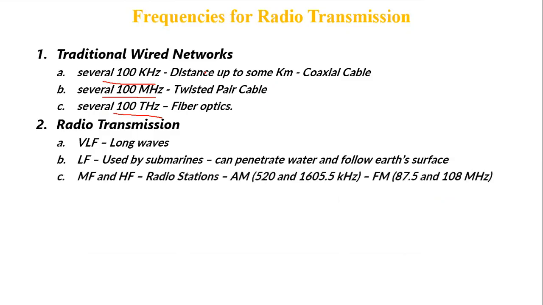Then medium frequencies and high frequencies. Medium frequencies and high frequencies were basically used by radio stations for AM and FM transmission, that is, amplitude modulation and frequency modulation. Amplitude modulation works in the frequency range between 520 and 1605.5 kilohertz. Frequency modulation works in the band of 87.5 to 108 megahertz.